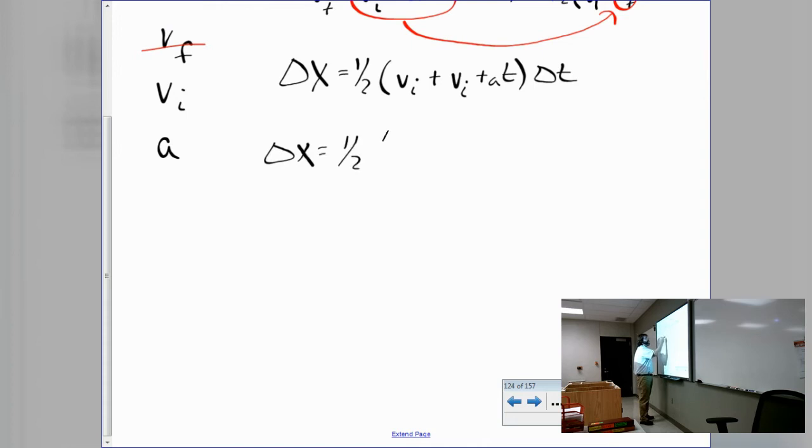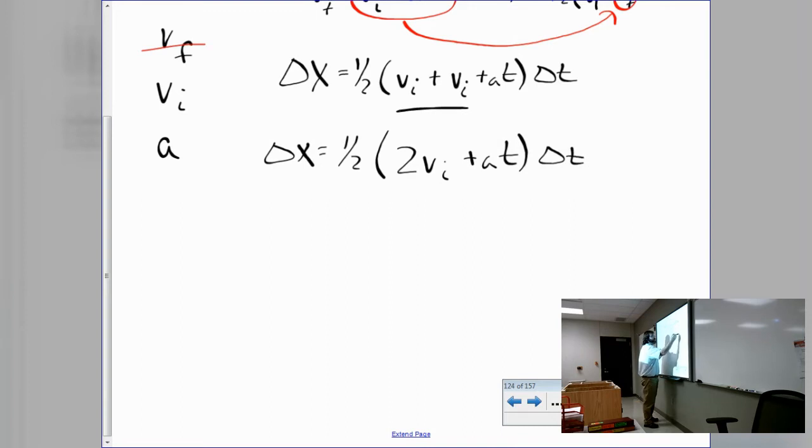So our displacement is equal to half. I'm going to combine our two velocity initials. So there'll be two velocity initials plus acceleration times time, times our change in time. Now the next thing I'm going to do is distribute our change in time to the two factors into the parentheses.